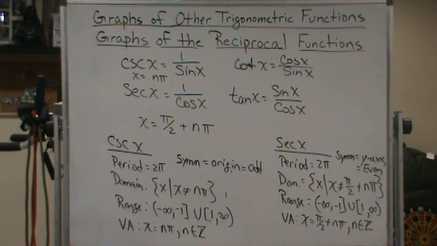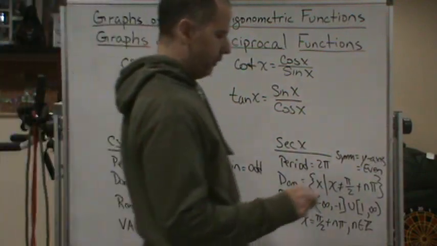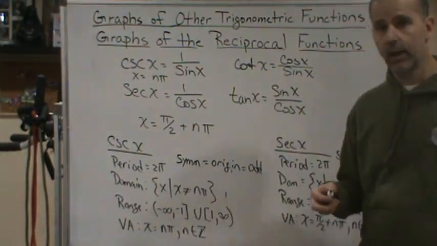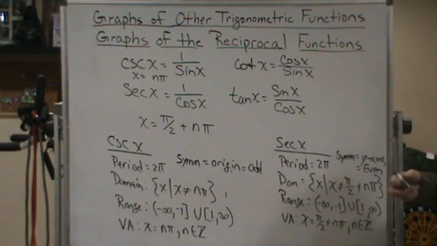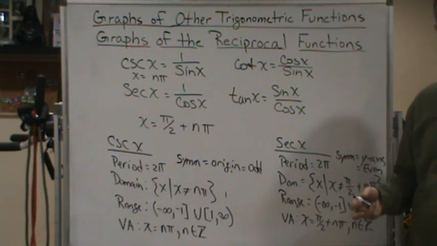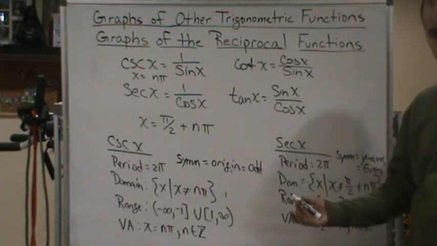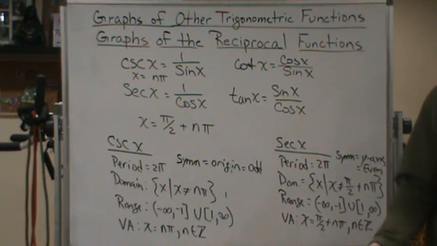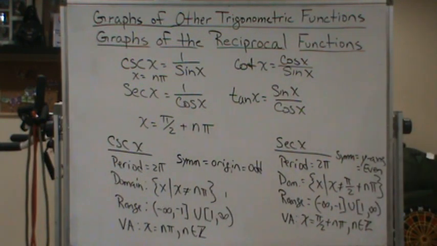In order to sketch the graph of these reciprocal functions, the first thing you need to do is sketch the graph of its reciprocal. For example, if you have to sketch the graph of a cosecant function, you need to first graph the sine function.